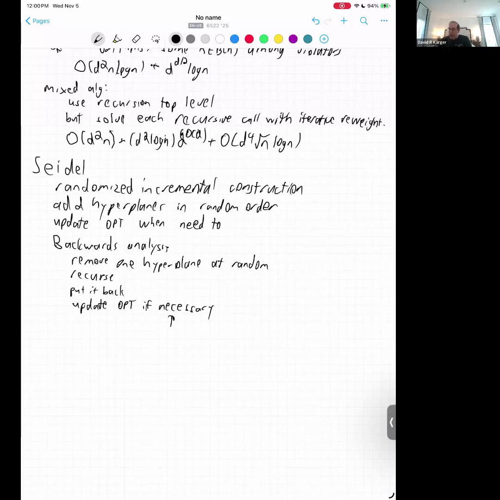So the only way things can go wrong is if some h in the basis is the last hyperplane. But since I'm adding the hyperplanes in random order, which hyperplane is last is random. So the probability that the last hyperplane is one of the important ones is d over n.